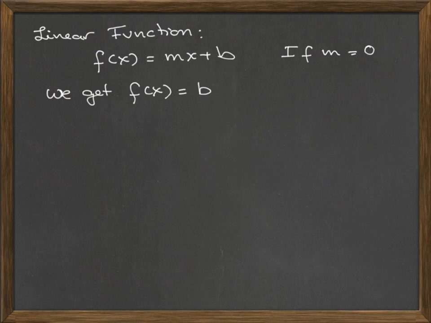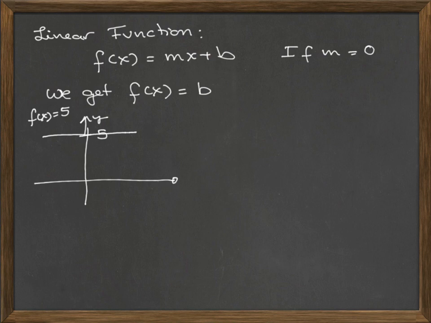Now, what kind of function is f of x equals b? If I were to graph that, for example, if I were to ask you f of x equals 5, how would you graph that? F of x equals 5 is, somebody said it, a horizontal line. Y equals 5 is a horizontal line. The slope is 0, remember?